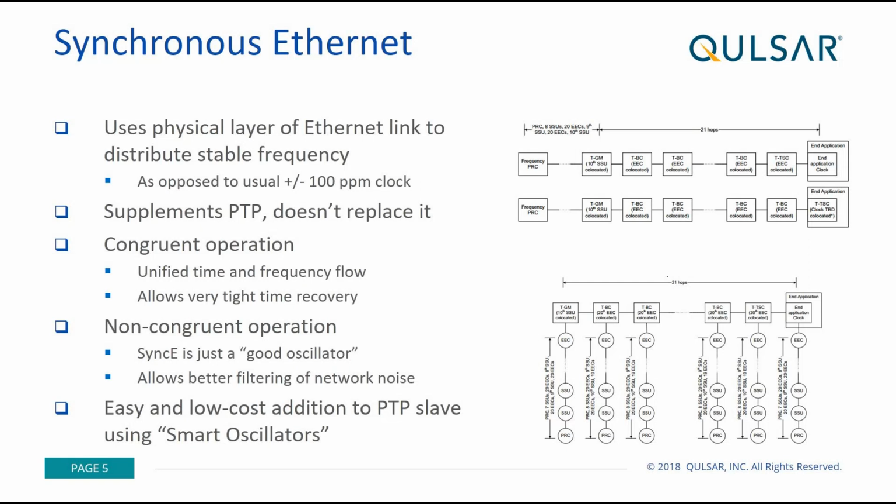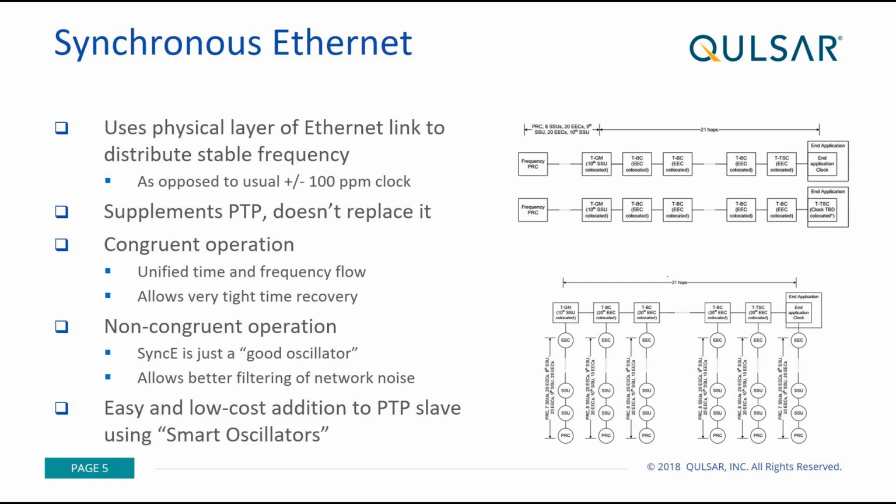1588 Grandmaster. And then that frequency gets transported down the chain of Ethernet devices through the switches and the boundary clocks. Each one of those devices includes a filtering function which removes any noise that has been accumulated on the network, cleans up the clock in much the same way as the boundary clock cleaned up the PTP traffic.